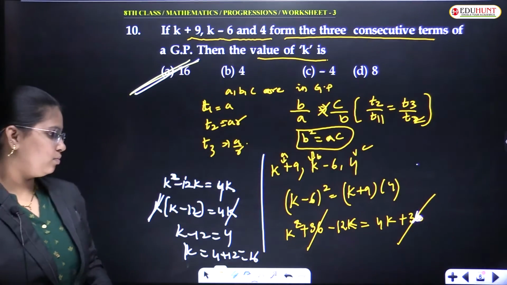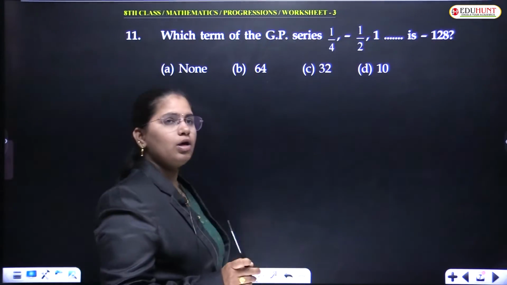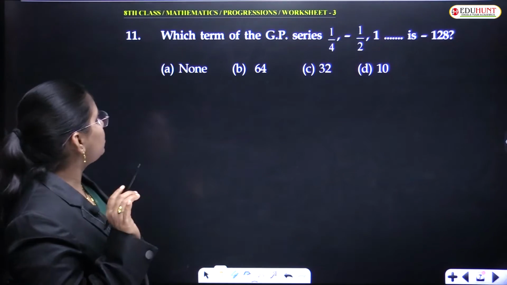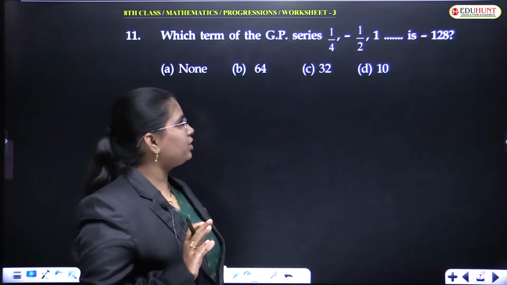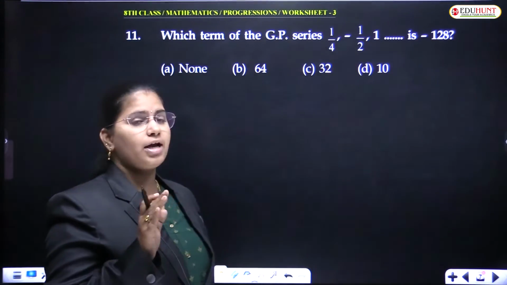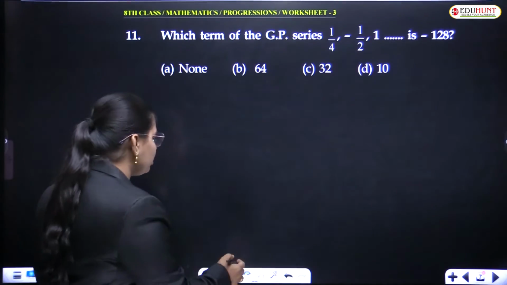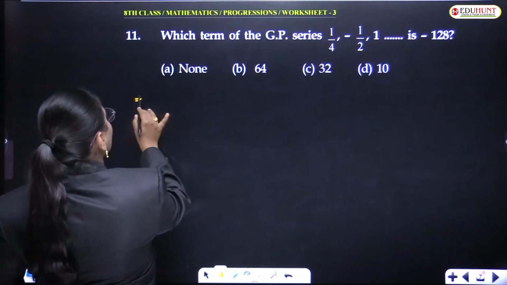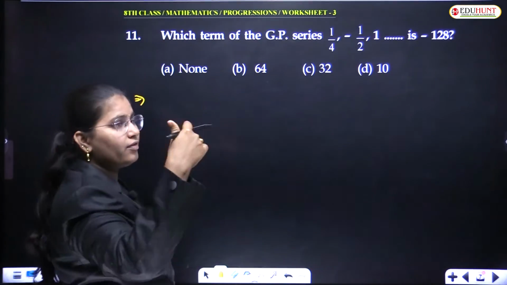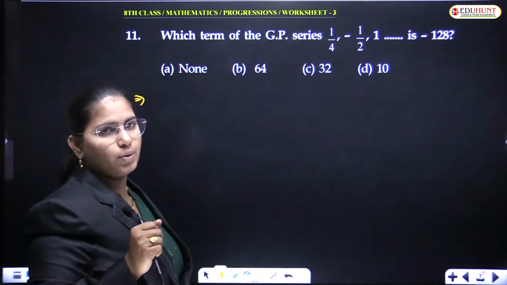So what is the next question? Which term of the GP series 1 by 4, minus 1 by 2, 1 is minus 128? The given question asks which term of the GP it is. They are asking at what place it takes the value minus 128.